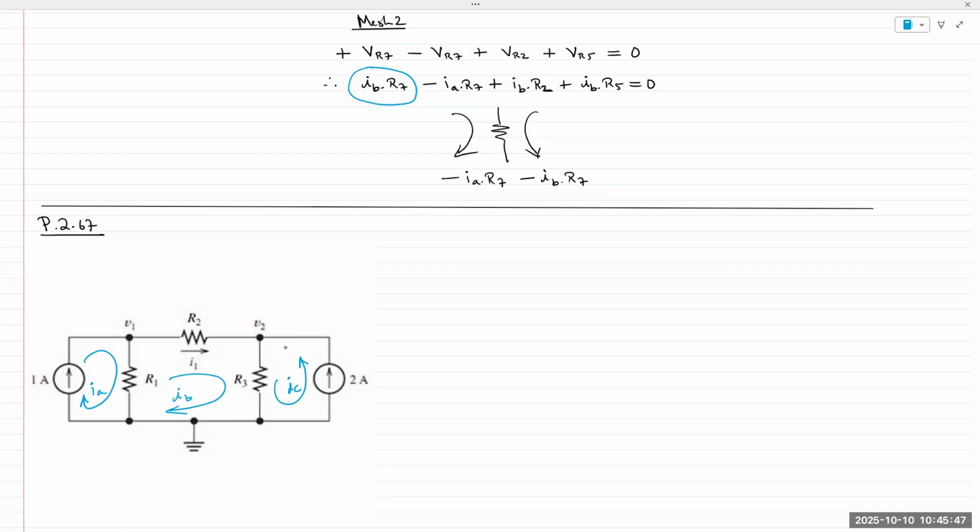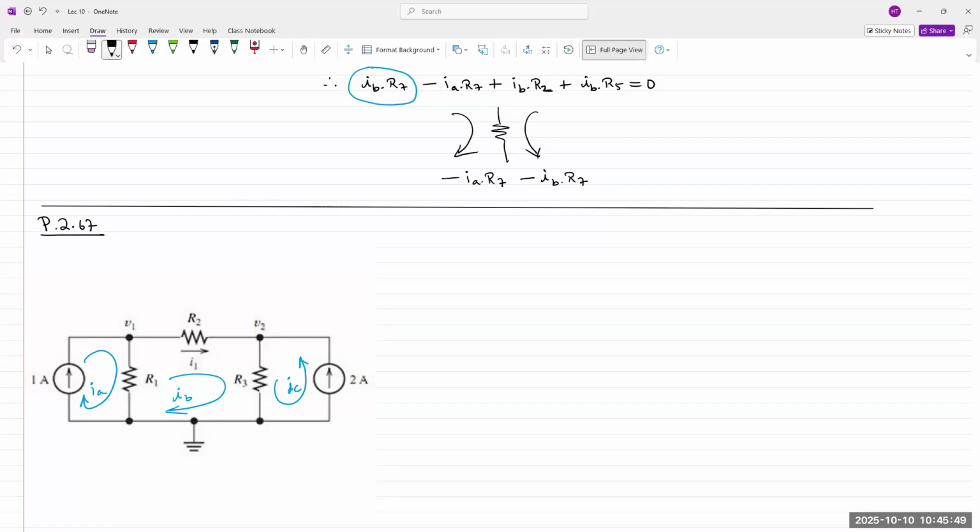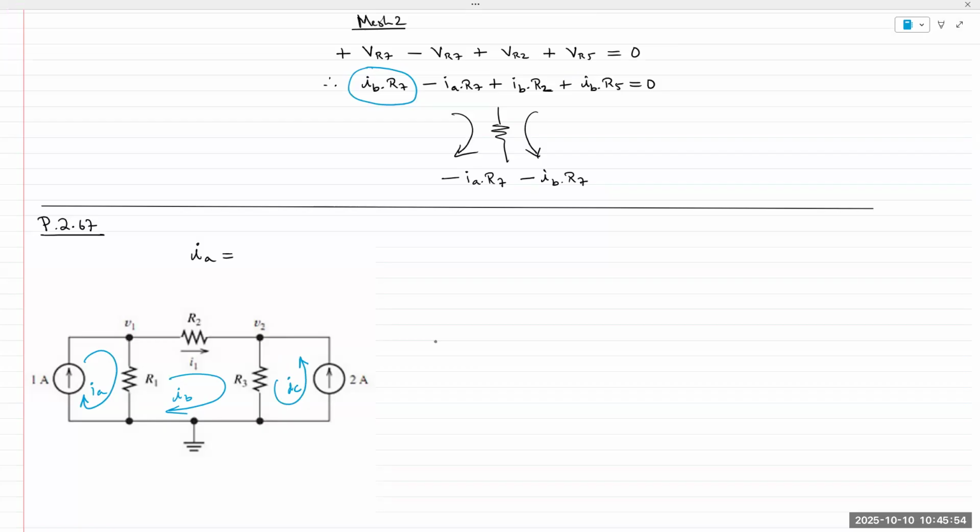Okay. So from these assumptions, I can write IA is 1 amp, IC is 2 amps. So the only unknown left in the circuit is IB, and that's it. Nothing else. So I write one equation in the middle, and we are done.